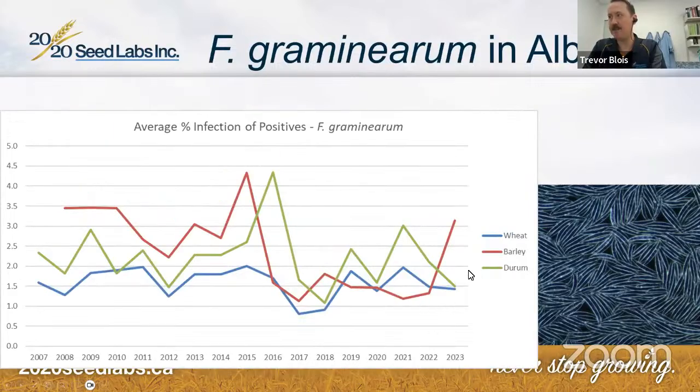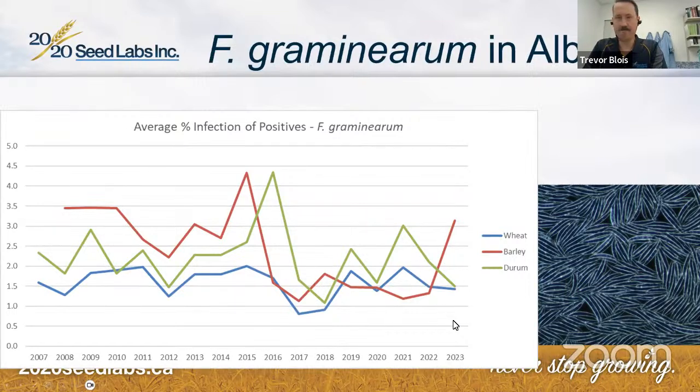So this year we're seeing that big increase in barley. So not only are we seeing more barley samples infected, it's often quite severe. We've seen a few samples that have been up around that 30% range, and that's really skewing these results, but it's also significant, certainly. Whenever we see a sample come in that is quite high percent infection, chances are that it's barley this year.